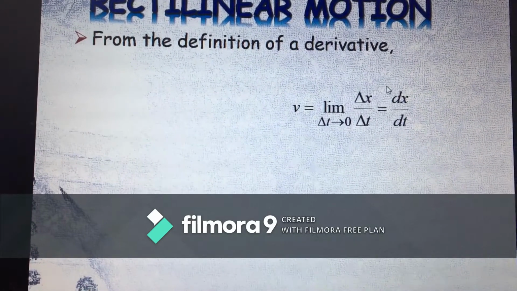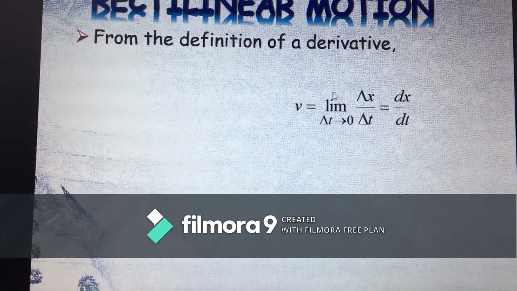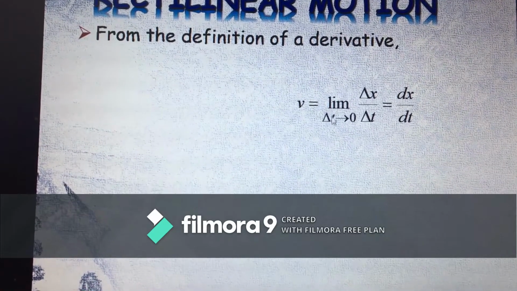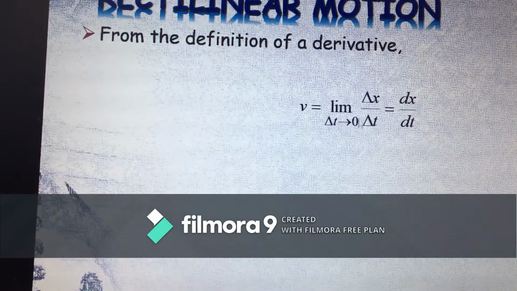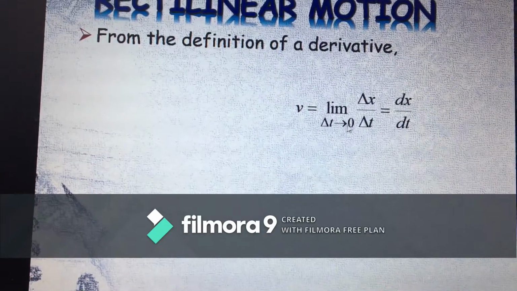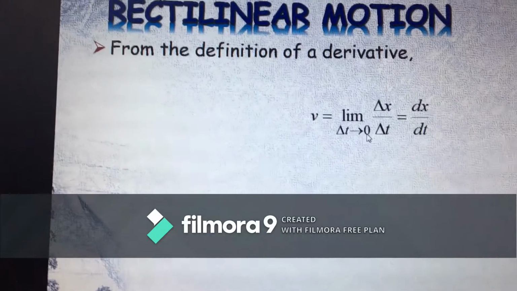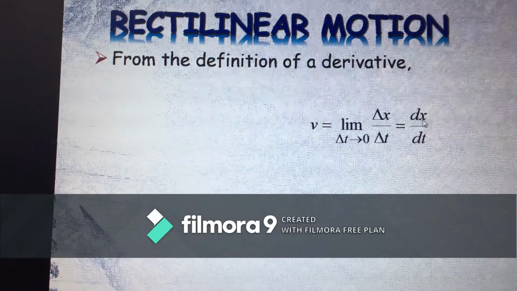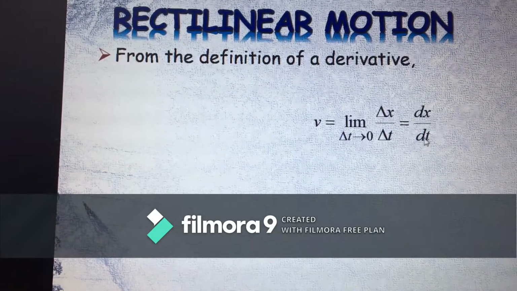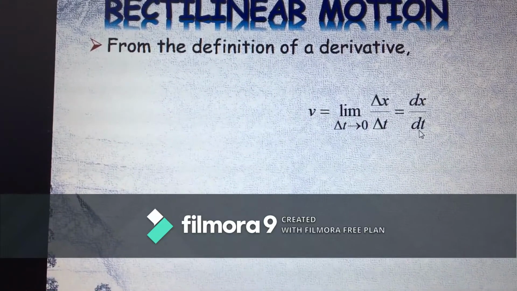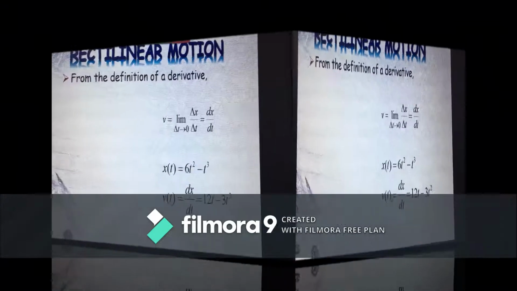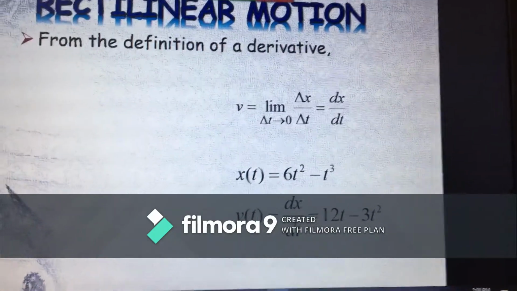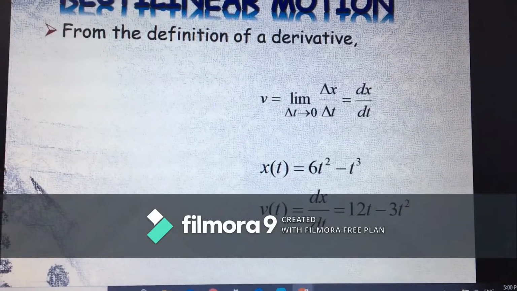And we know that in differential calculus, this limit of the ratio of delta x and delta t as delta t approaches 0 is equivalent to the derivative of x with respect to time. Alright?